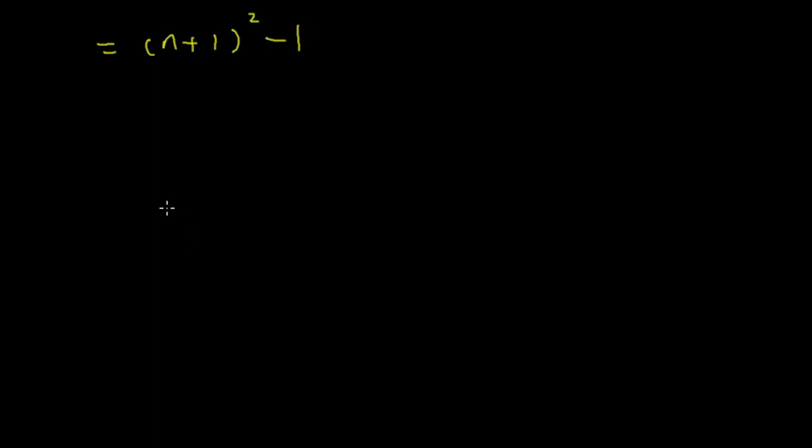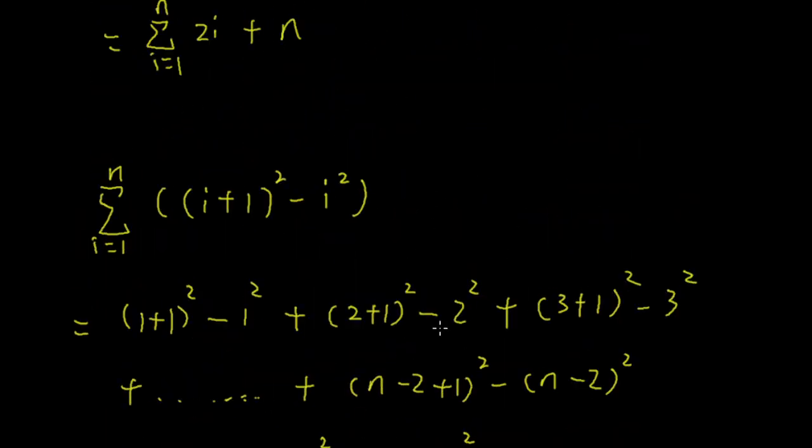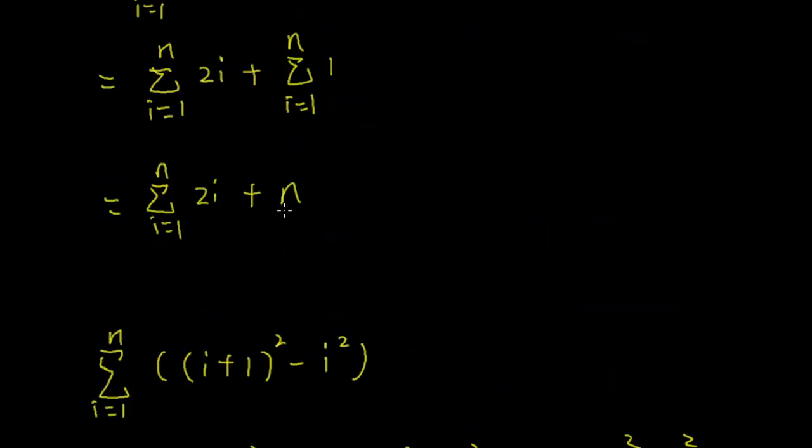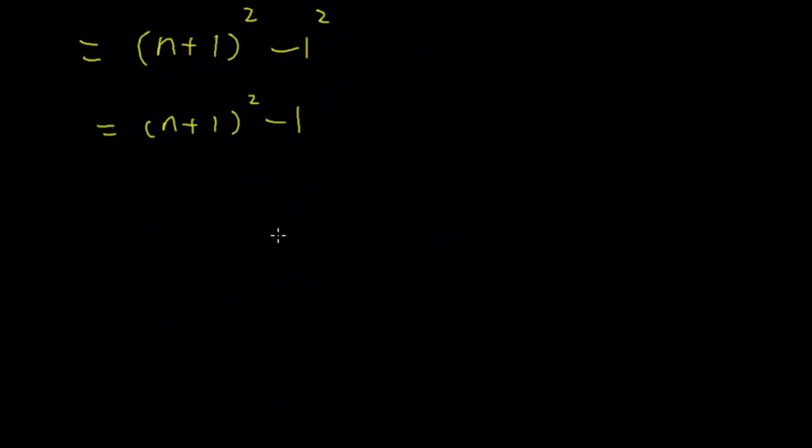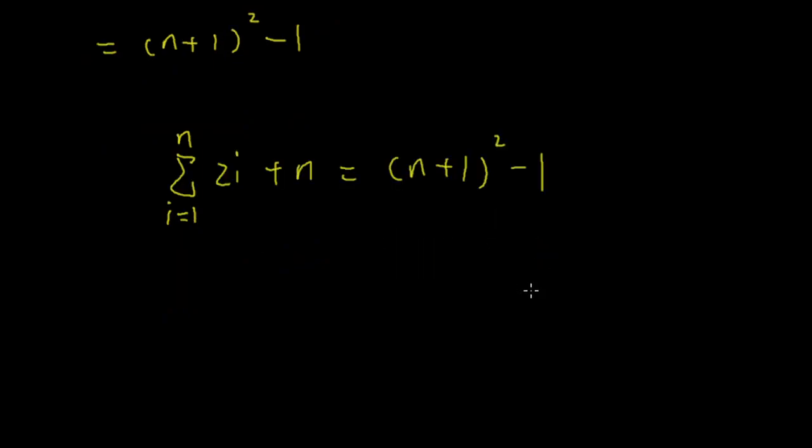So I can say that the sum of 2i plus n is equal to (n plus 1) squared minus 1.